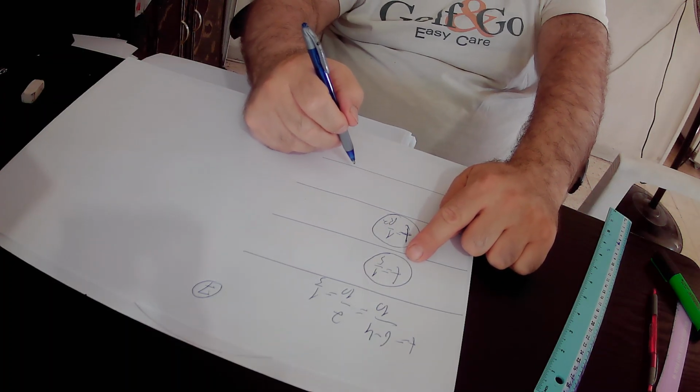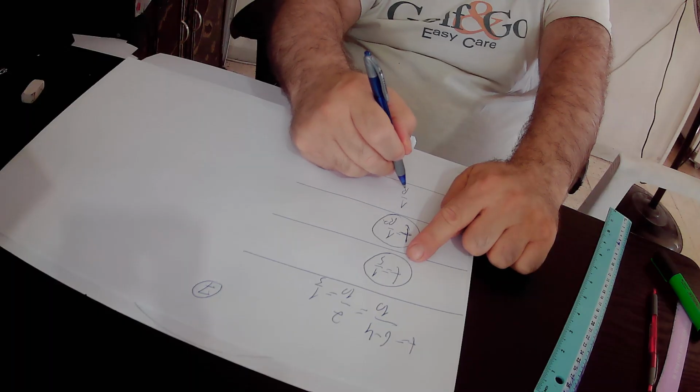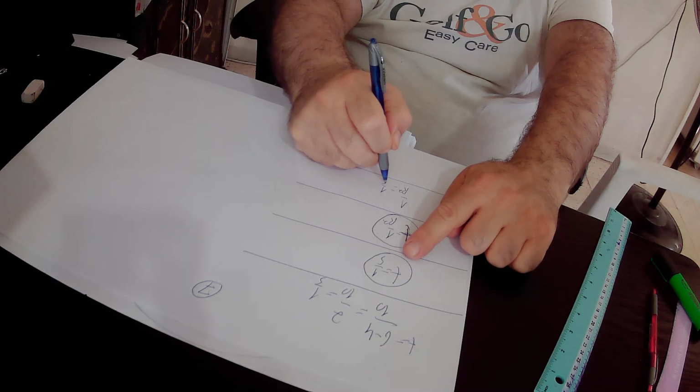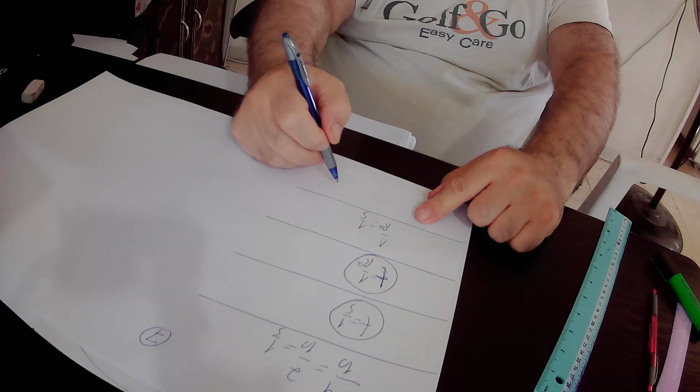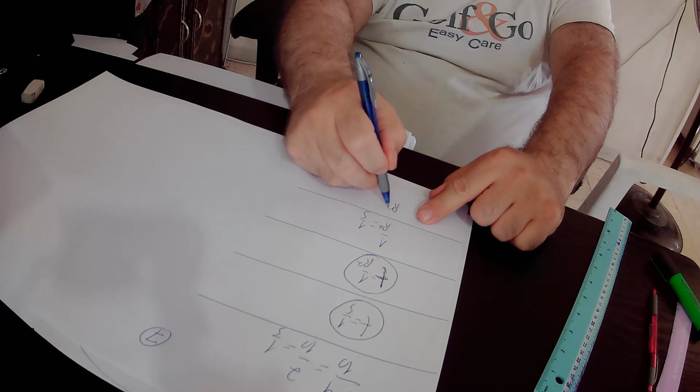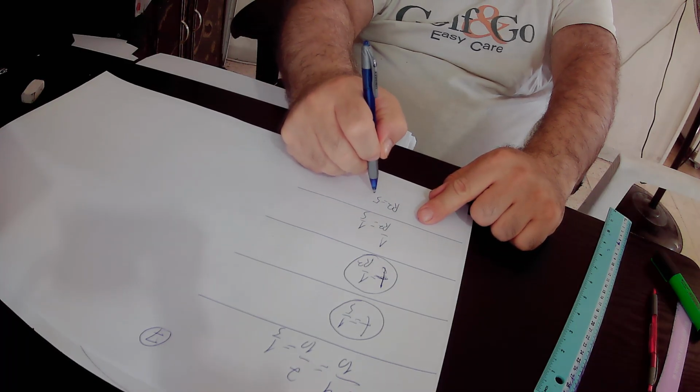We do it now, we get that 1 over r square equals 1/5. Here we cross multiply this equation, and finally we get that r square equals 5.